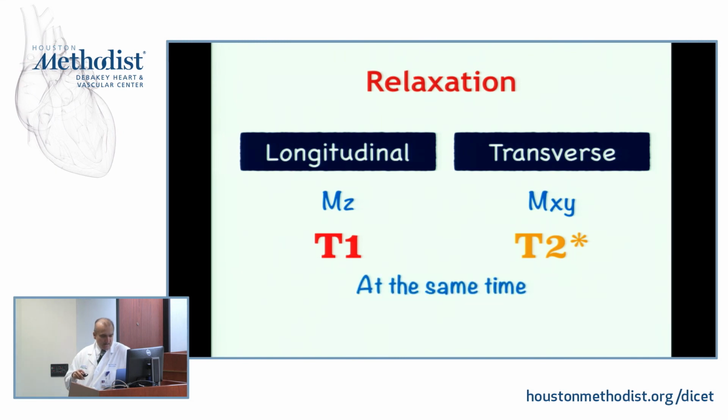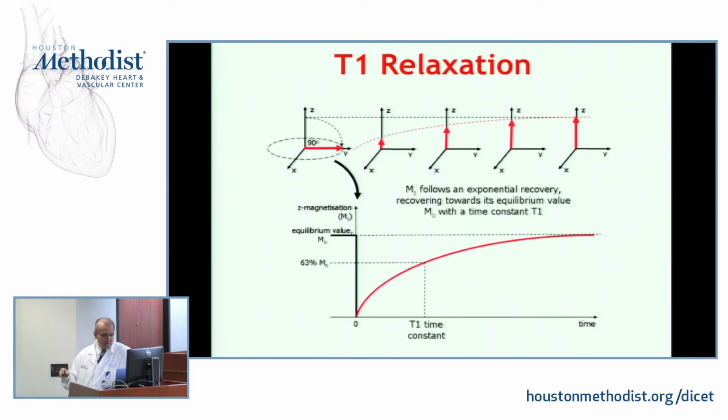And let's go back here. This is an example of what would happen if I do a 90-degree tip. To start with, I have all of my magnetization in the transverse plane, but zero magnetization in the longitudinal plane. Over time, the longitudinal magnetization will relax or recover and go back to the upright state.